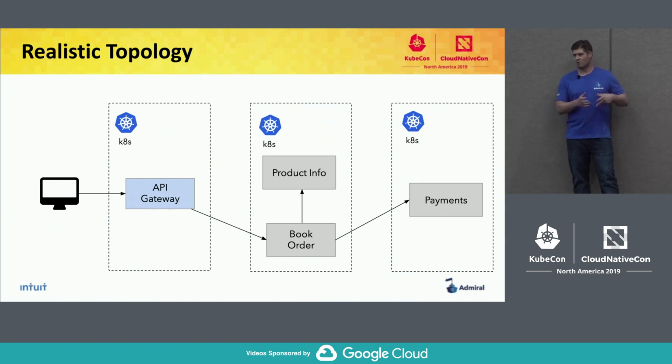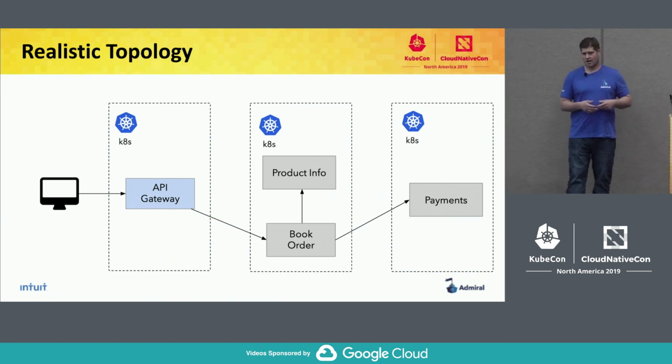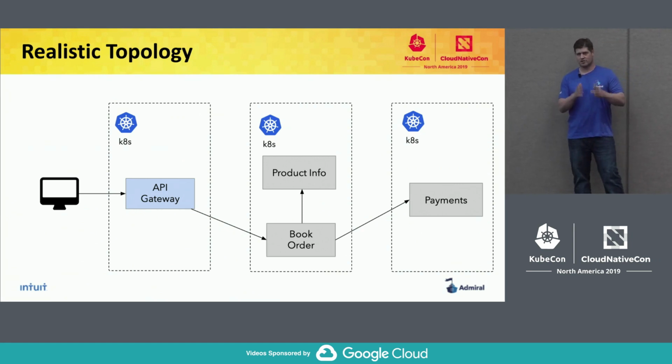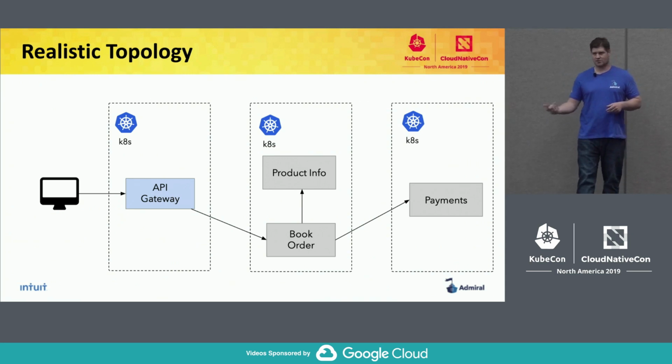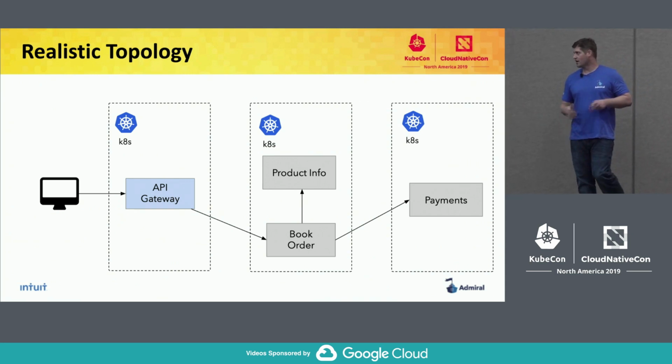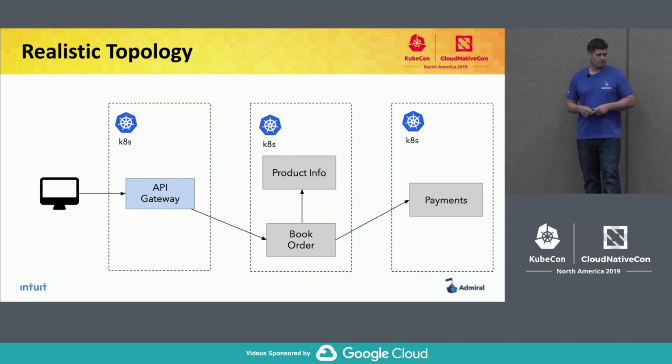That gateway happens to be a multi-tenant system, so it supports a lot of the business units, and we don't want it coupled with any set of deployments for any of the other clusters. In this particular use case, the product info service and the book order service are maintained by the same business unit, so that went into one independent cluster by itself. And this payment service, because it's going to be part of an audit, we broke out and stuck into a separate cluster.